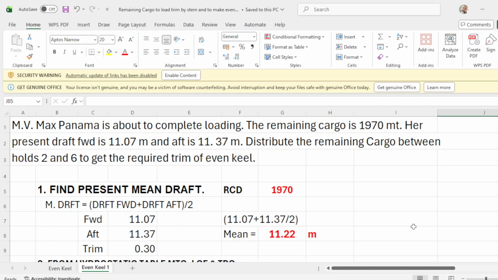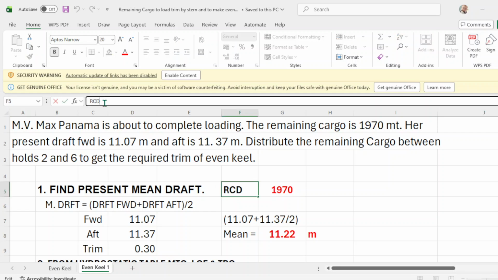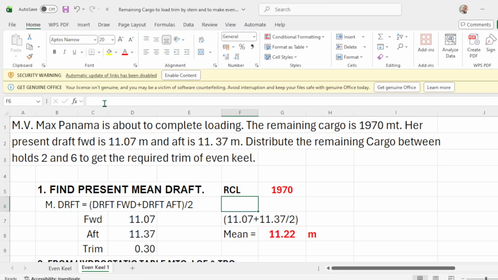Okay, so let's start, guys. Take note his remaining cargo is 1970, so I just put it here. Remaining cargo to load. Okay, that is L. Remaining cargo to load, which is 1970.